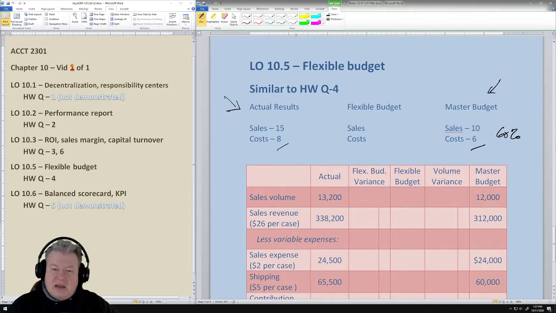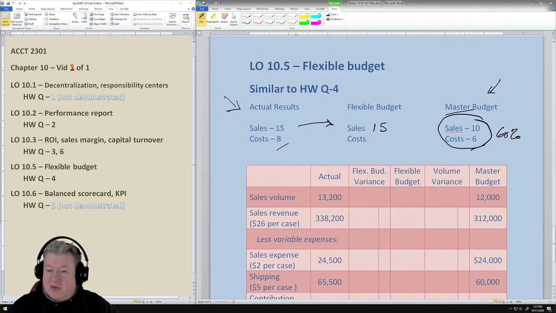So what you need to do is scale this up or down, depending upon whether the actual results are above or below your master budget. But in this case, we have to scale it up. So if we said, okay, what would the master budget look like if we had actually budgeted 15? In other words, we take the actual results of 15 and ask what the master budget would have looked like.